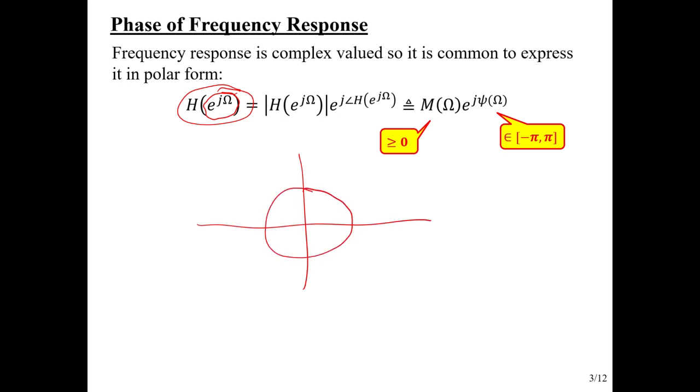As we let omega go from minus pi to pi, we're walking around the unit circle like this. So this is the real part of z, and this is the imaginary part of z. And we're looking at that H of z function on the unit circle.